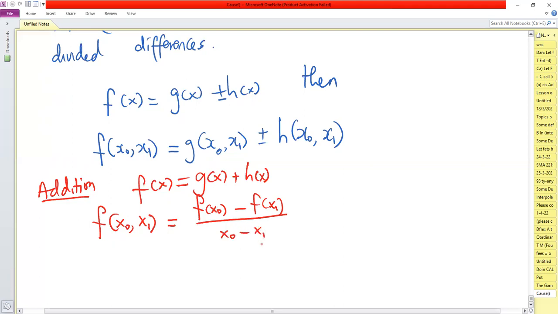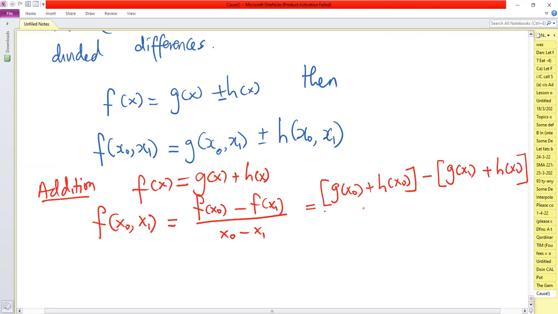This is by definition, which is the same thing as, because f is given by g plus h, writing g of x0 plus h of x0 minus g at x1 plus h at x1, and then I divide this by x0 minus x1.